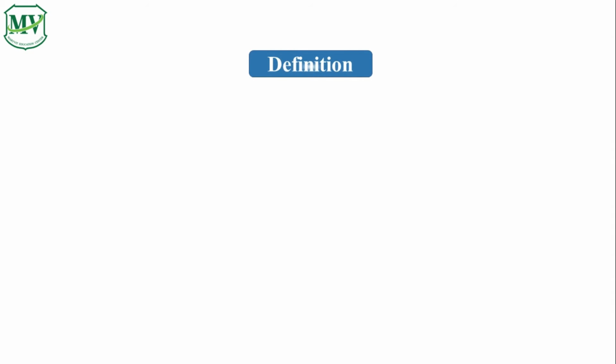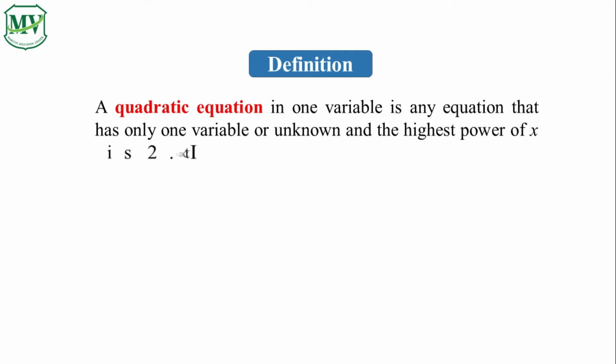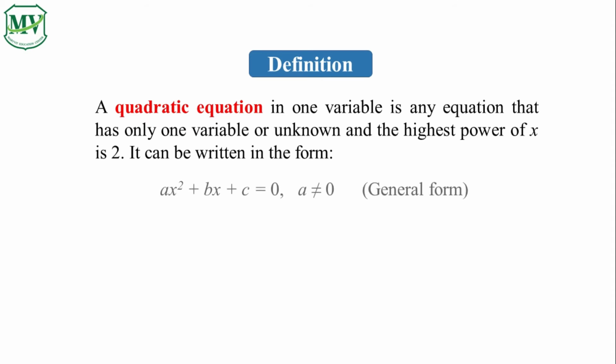By definition, a quadratic equation in one variable is any equation that has only one variable or unknown and the highest power of x is 2. It can be written in the form ax squared plus bx plus c is equal to 0, where a is not equal to 0.